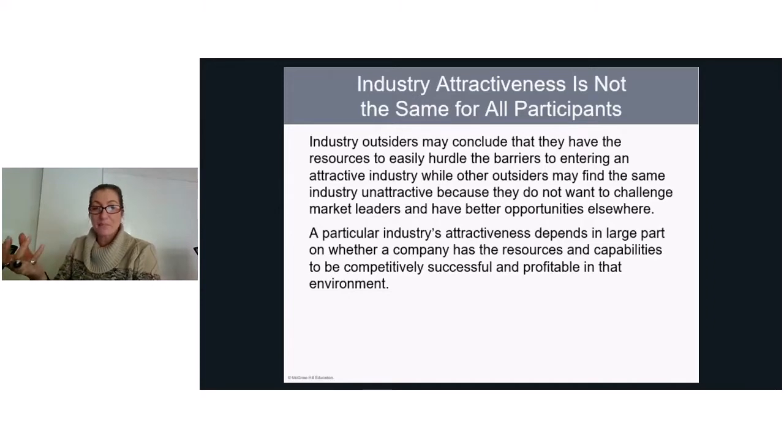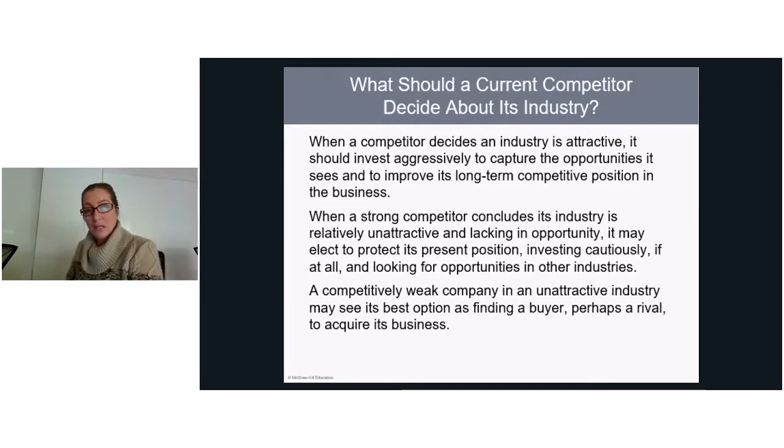They recognise that people are making money in this industry, so they want to get in, but they underestimate, and so that doesn't turn out well. And a particular industry's attractiveness depends in large part on whether the company has the resources and the capabilities to actually compete successfully and profitably in that environment.